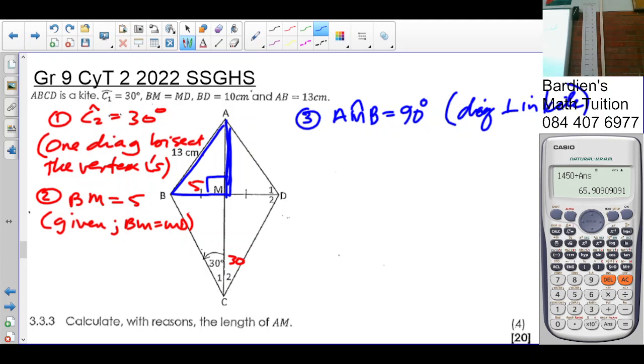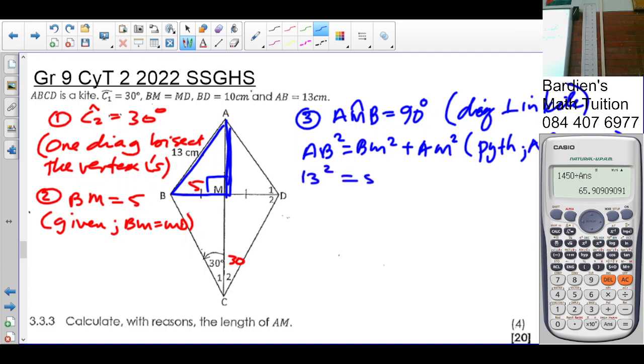So now we say hypotenuse squared, which is AB squared, is equal to BM squared plus AM squared. Reason: Pythagoras with AMB equals 90 degrees. Okay? So you get 13 squared equals 5 squared plus AM squared.